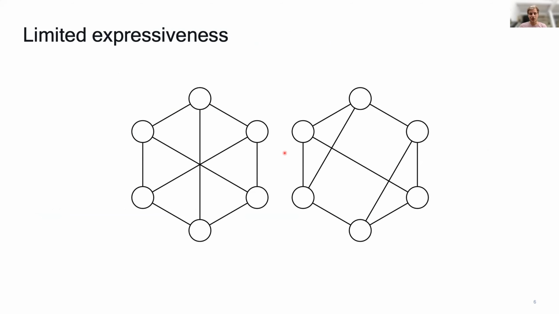But it's quite well known since 2017 now that this kind of model is rather limited in what it can do. To make that obvious, here we see 2 graphs that are clearly distinct. They really represent different graphs. And yet, if we would apply such a graph CNN, it would have no way to detect that these graphs are different.